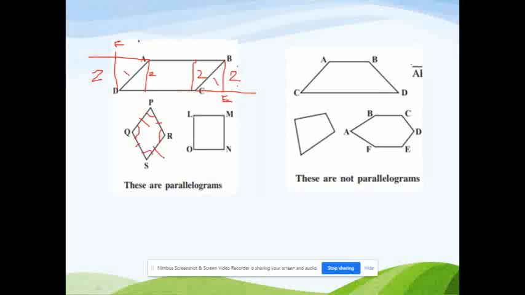See here the diagonals LN and MO. The intersecting point makes an angle of 90 degrees. That's the meaning of the property.